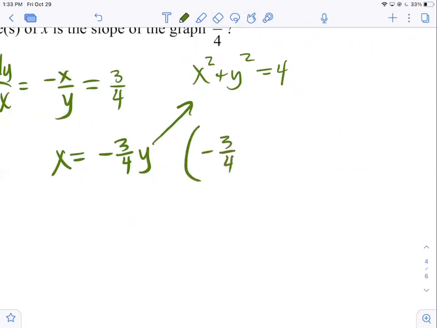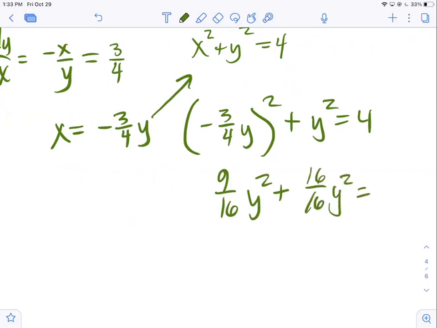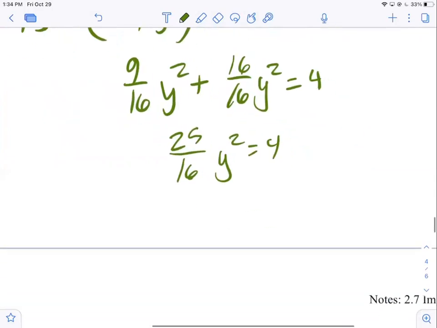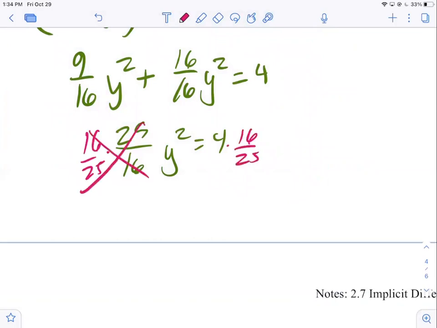I'll plug it in for x. (-3/4 y) squared plus y squared equals 4. Square it, you get 9/16 y squared plus 1 y squared, which is 16/16 y squared. See what I did there? Like terms. And then 9 plus 16, that's 25/16 y squared equals 4. And now if I multiply both sides by 16/25, the reciprocal, I get y squared equals 64/25.